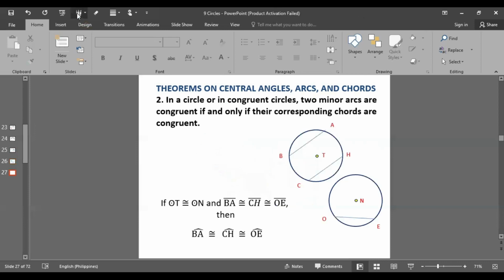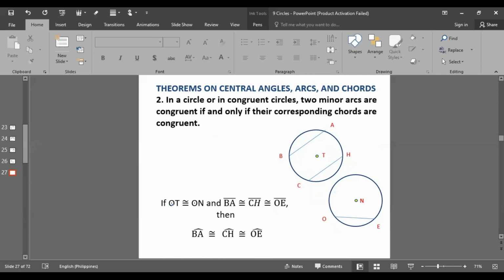Okay. Number 2. In a circle or in congruent circles, two minor arcs are congruent if and only if their corresponding chords are congruent. So once the chords have the same measurements, their respective intercepted arcs are also congruent.